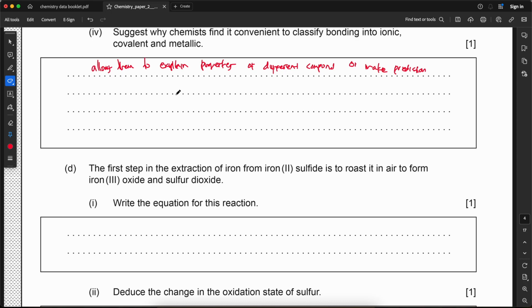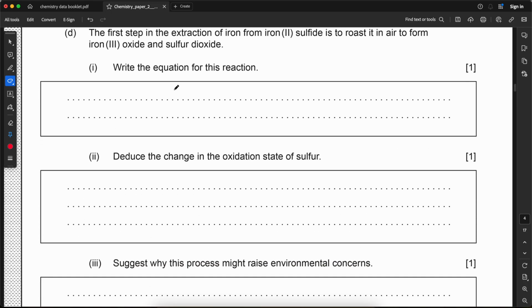The first step in the extraction of iron from iron(II) sulfide is to roast it in air to form iron(III) oxide and sulfur dioxide. So Fe2+ and sulfide ion, that would be FeS solid, reacts with something to produce iron(III) oxide.